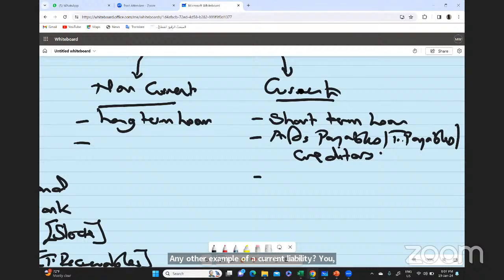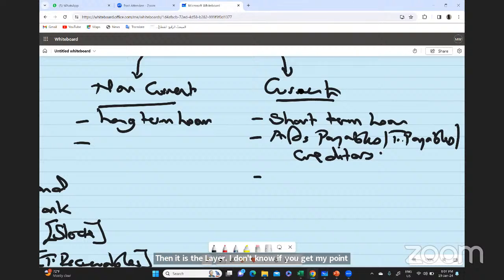Utilities are expenses, unless they are unpaid. But that is going to come later on as we are moving. It is an expense, but if you have already incurred it and you haven't yet paid it, then it is a liability.